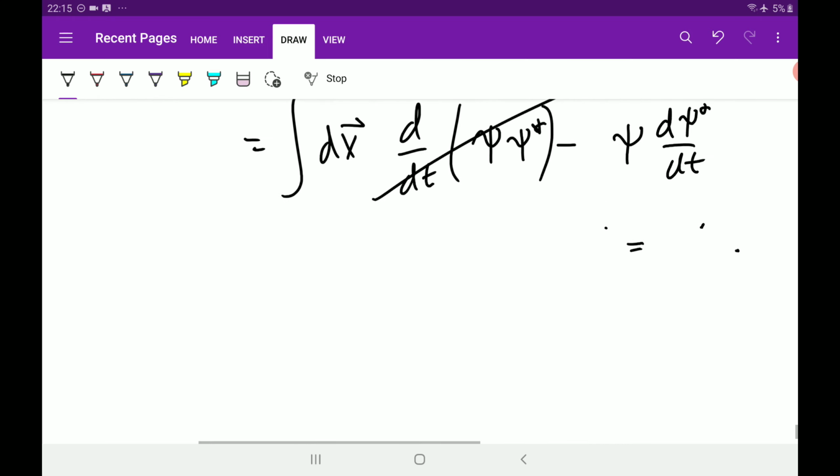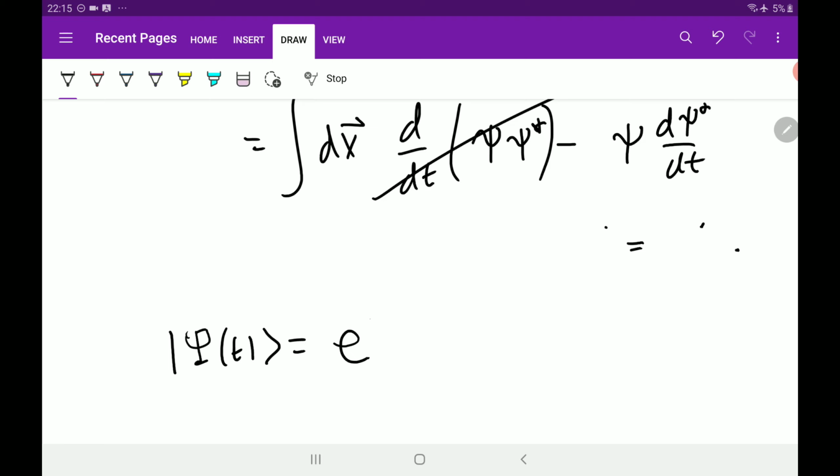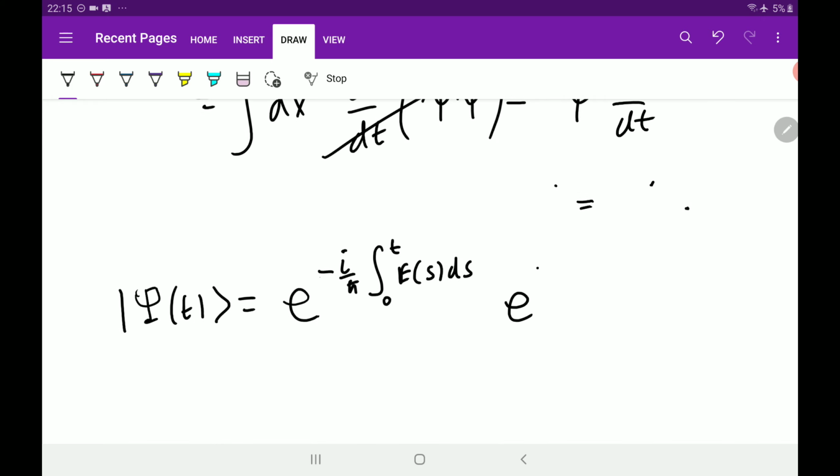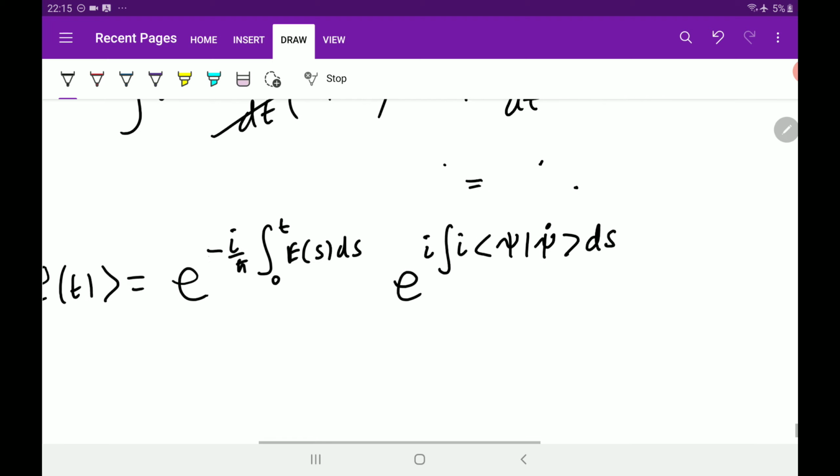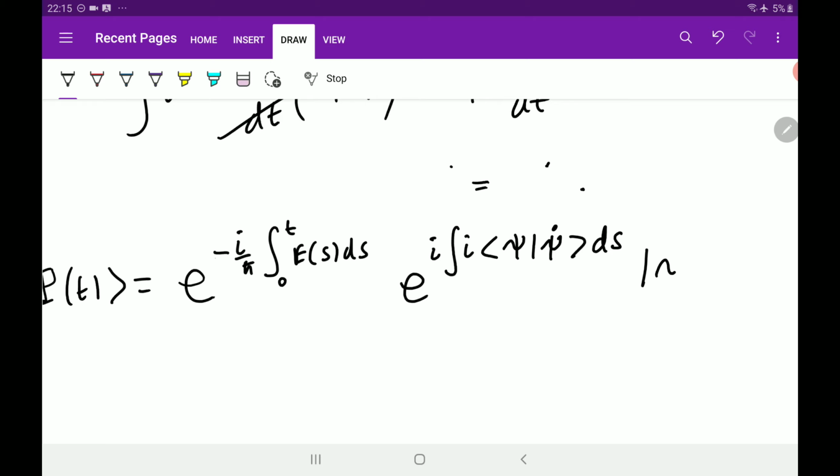Essentially what we end up with is that the solution to the Schrödinger equation is given by psi of t equal to e to the minus i over h bar, integral from 0 to t of E(s) ds, times e to the i times i, which is just for notational convenience to write it like that, times ds, and then times, of course, an eigenstate.